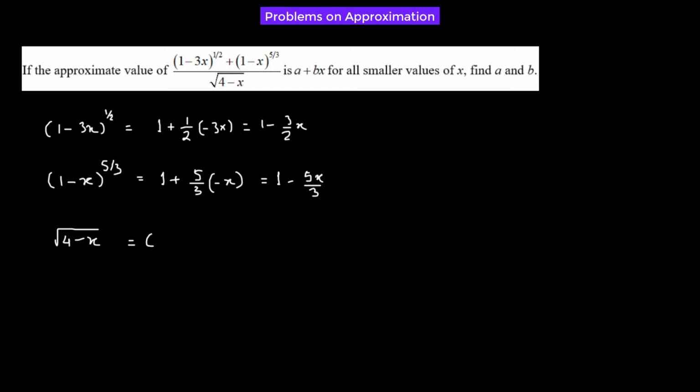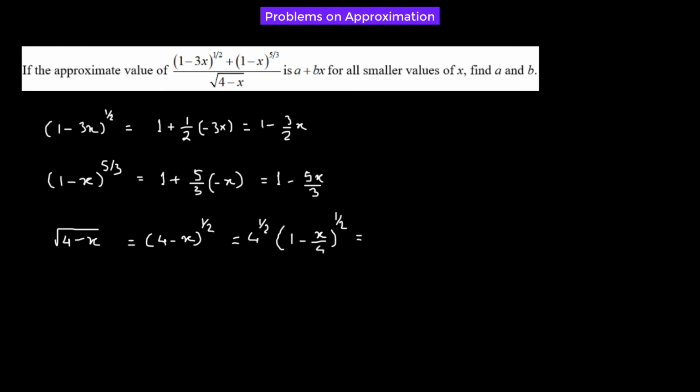Then we have square root of 4 minus x in the denominator. So we convert it into the exponent form. So we have 4 minus x raised to the power of half. Then we need to convert the first term in the binomial expression, 4, to 1. So we'll factor out 4. So we can write it as 4 raised to the power of half times 1 minus x divided by 4, raised to the power of half.